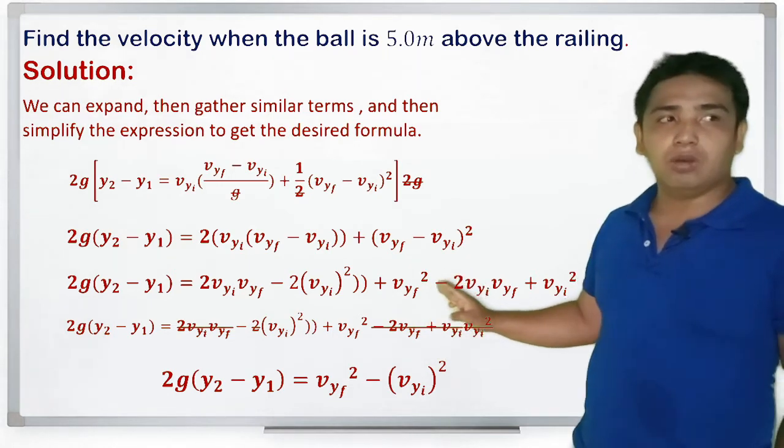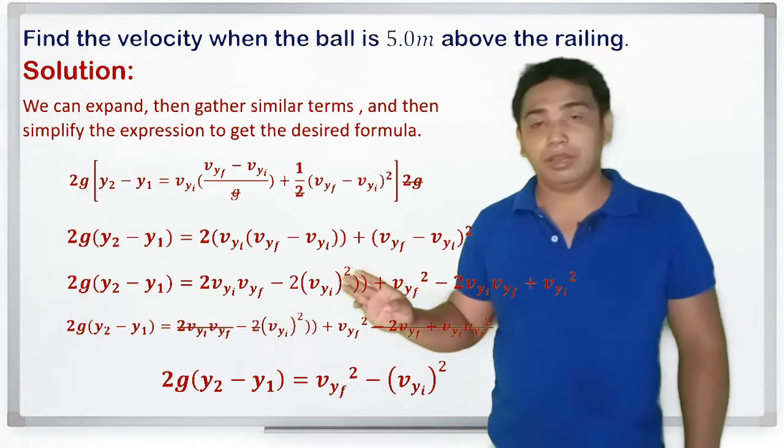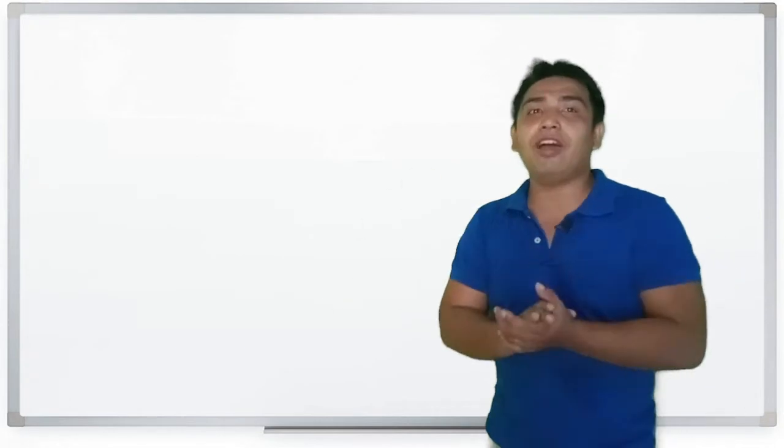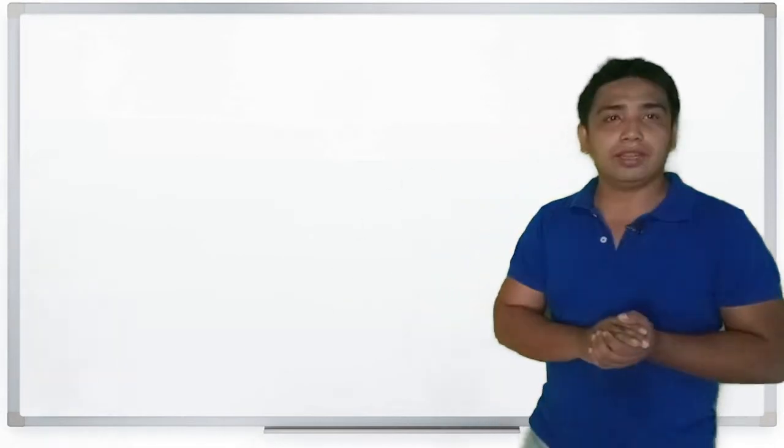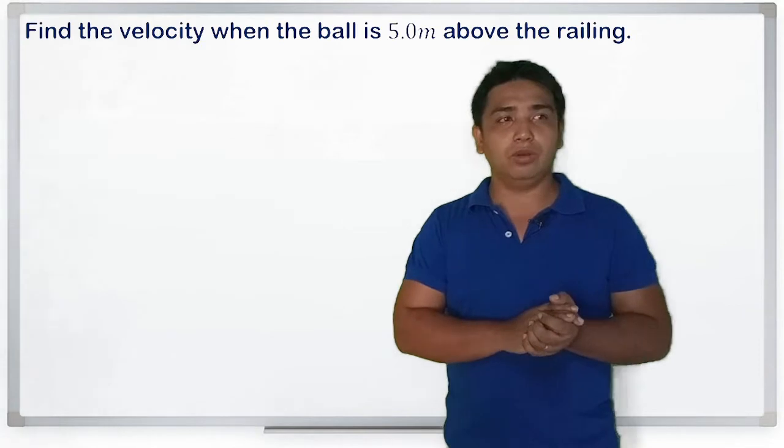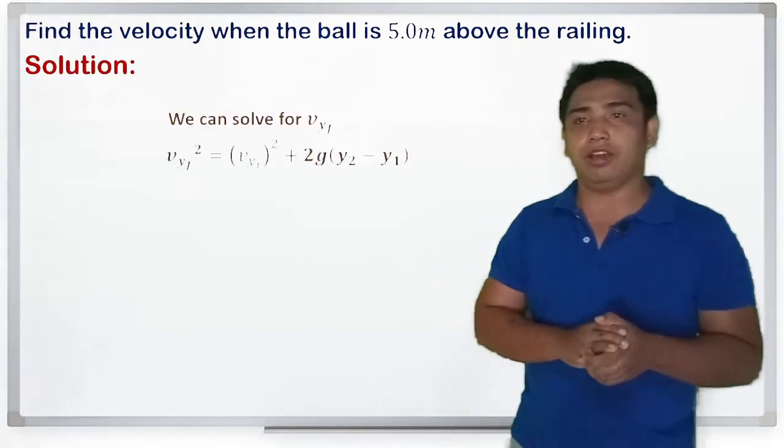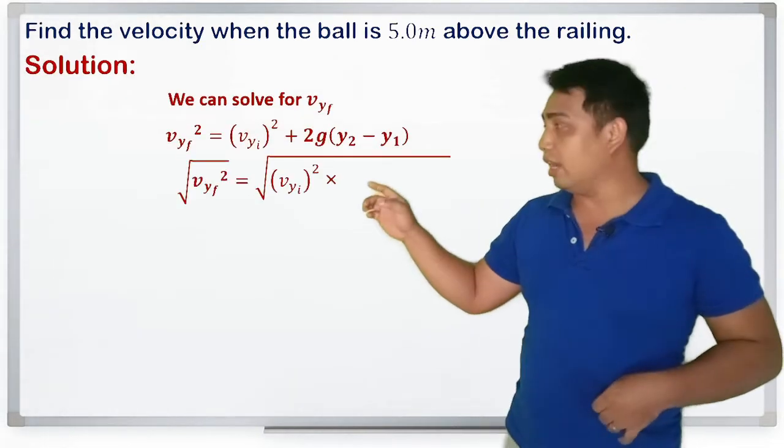Alright, so we have the formula for vf finally. Alright, so we have to take the square root of the terms.